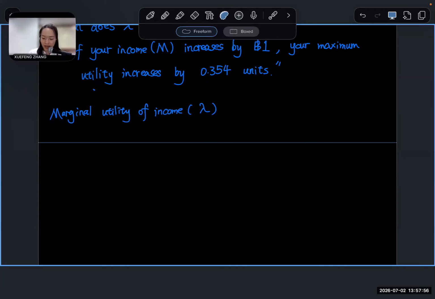Because lambda equals the marginal utility of income, this connects back to the equal marginal principle, okay?